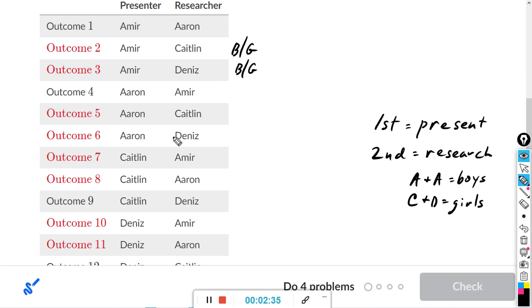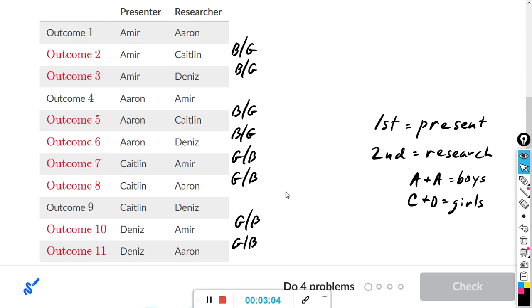Aaron, Caitlin, Aaron, Denise, it's boy-girl. Caitlin, Amir is girl-boy. Here's girl-boy for number 11 and girl-boy for number 12. I'm sorry, 10 and 11.